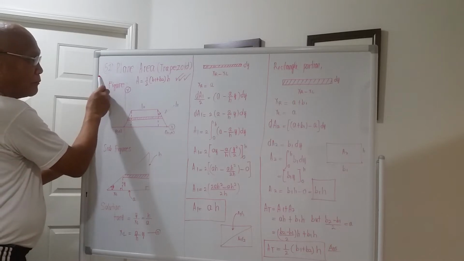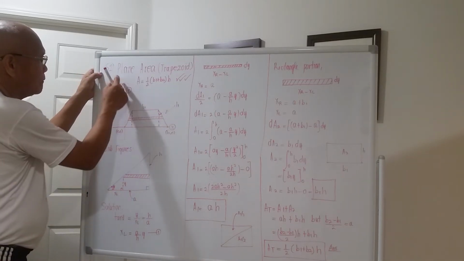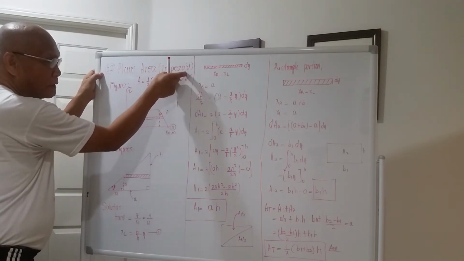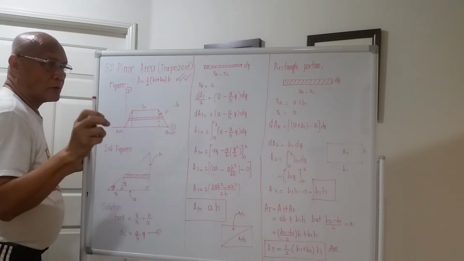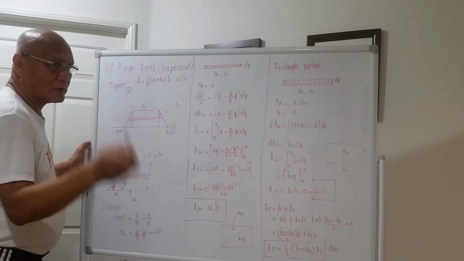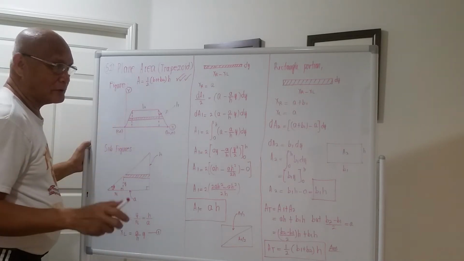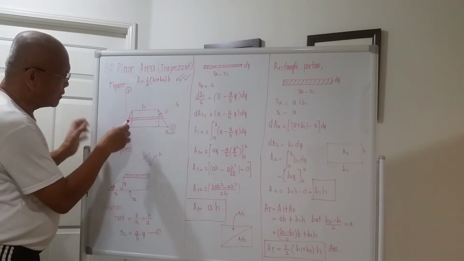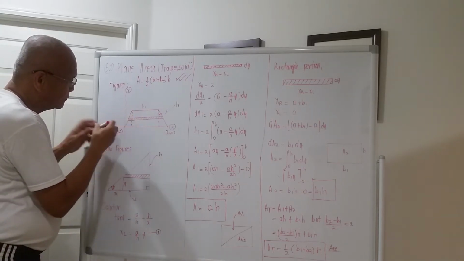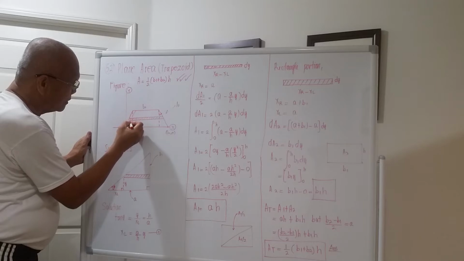This is now lesson number 52, plane area, trapezoid. By using integration, we will derive the formula for taking the area of a trapezoid. A trapezoid is something like this, guys. I will cross-hatch it.